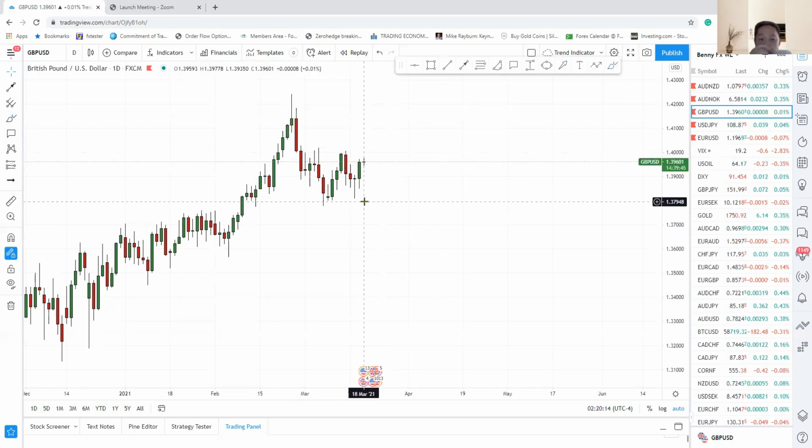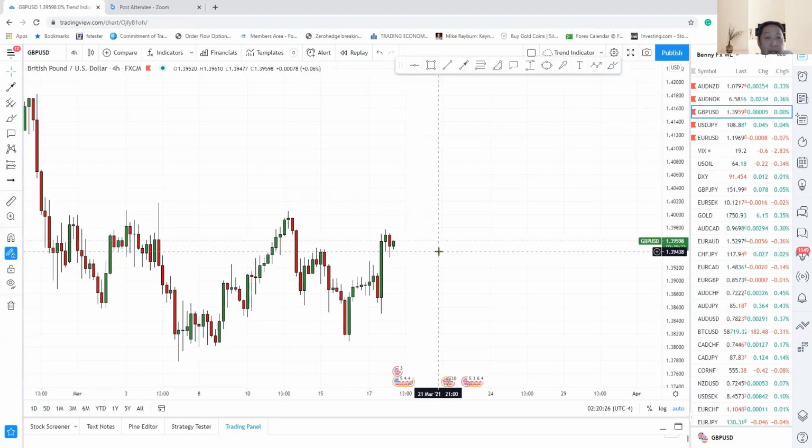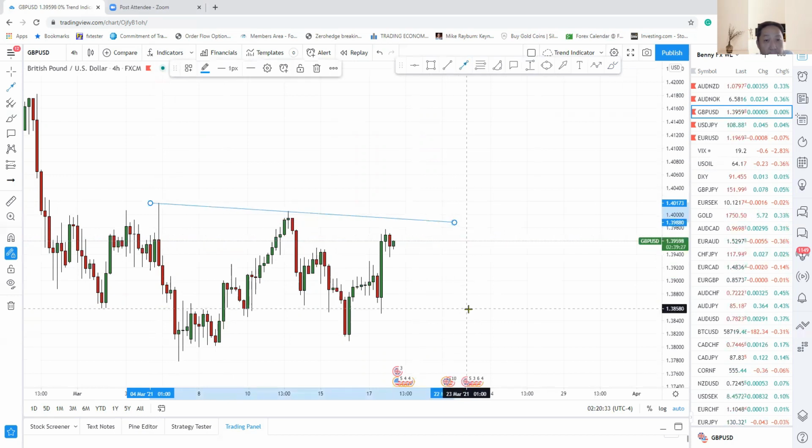For today, since my bias for dollar is up, I will expect pound dollar to go down. On the 4-hourly time frame I can draw this double top, and from here I know already that there are plenty of stop losses above.